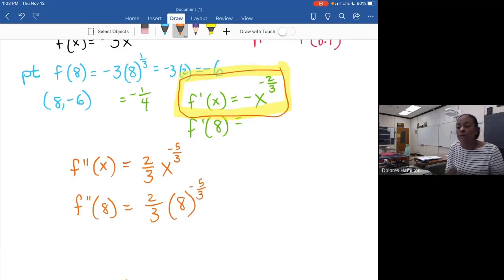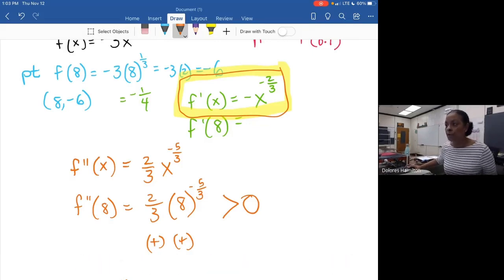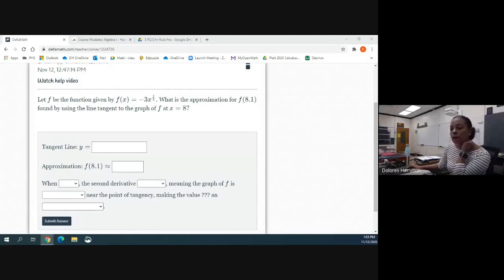Well, I don't know what this is, but what I do know is that it is a positive number times a positive number, so I know that that is positive. So let's get back to our problem in Delta Math. So now we just type all that stuff in. Oh shoot, I wrote it down. My tangent line was, so I'm going to move that 6 over to the other side.